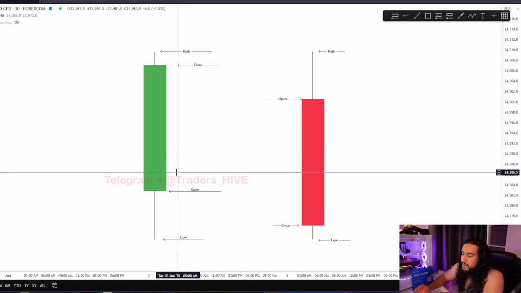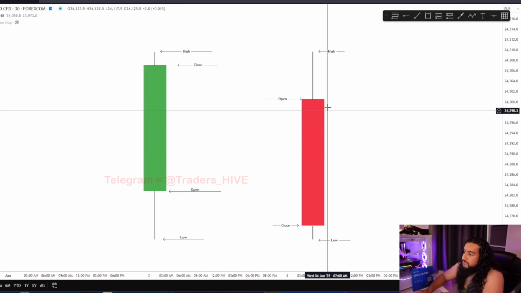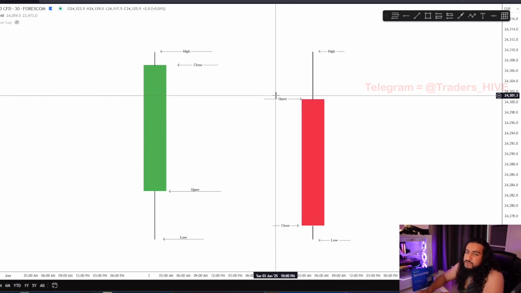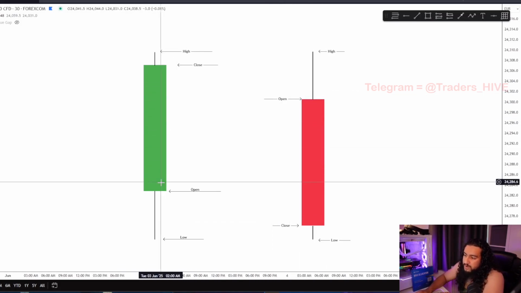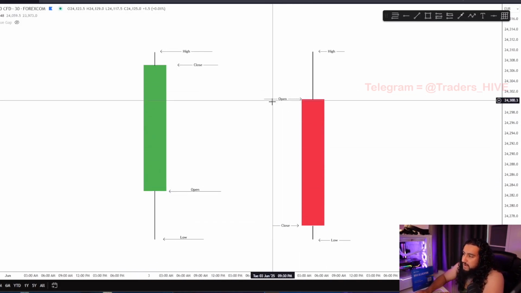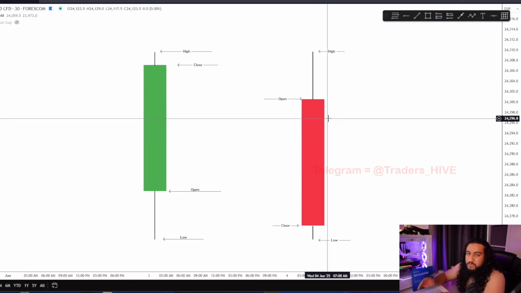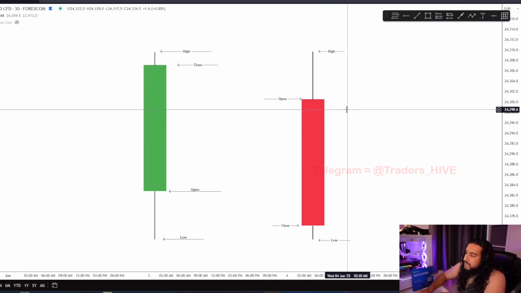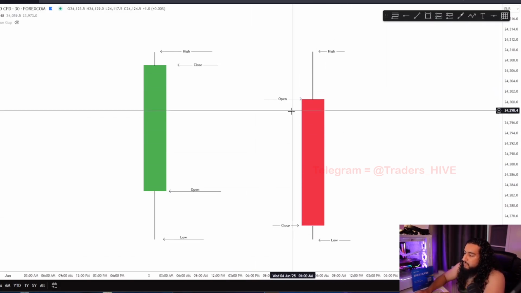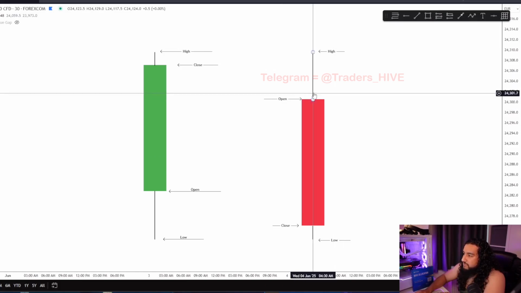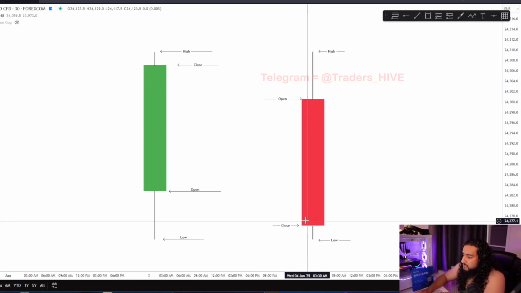So again, over here, this is a bearish candle. When this opens up, the open is actually on top. A bullish candle, the open is at the bottom, and a bearish candle, the open is at the top. A bearish candle is when price goes down. So within 1 hour, let's say between 9 o'clock and 10 o'clock, this candle tells me that price moved up and then moved down and then closed over here.